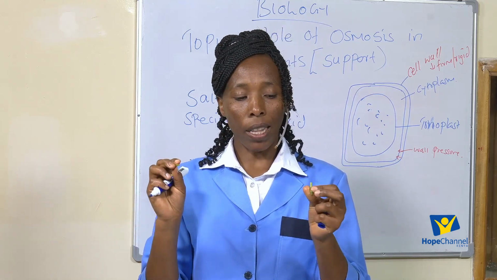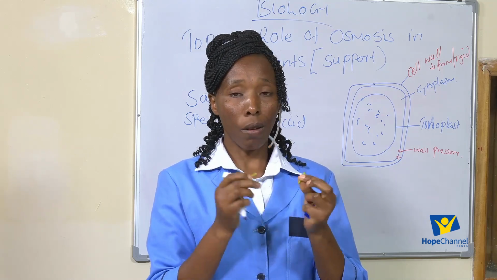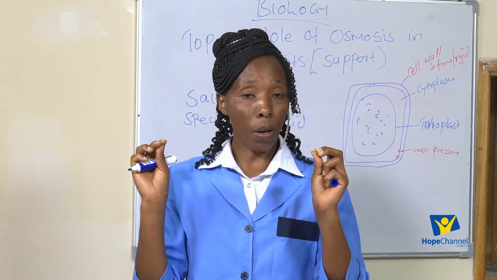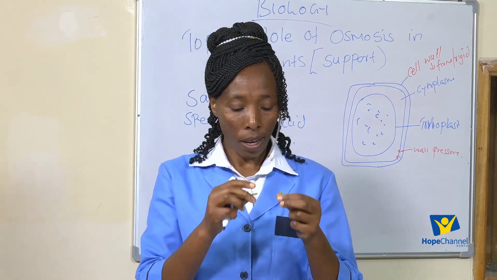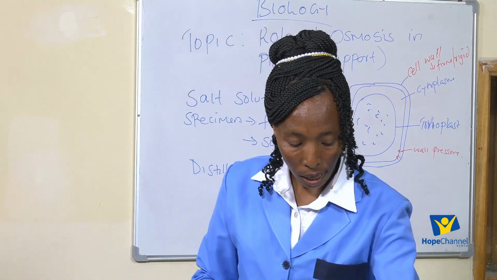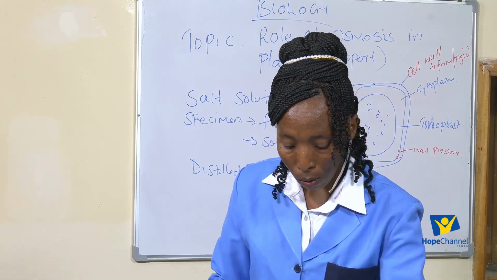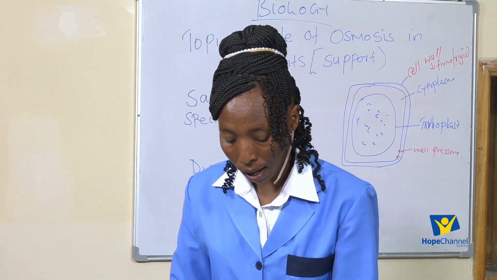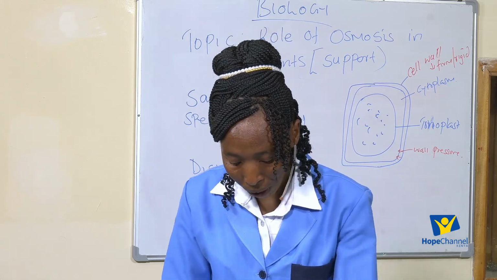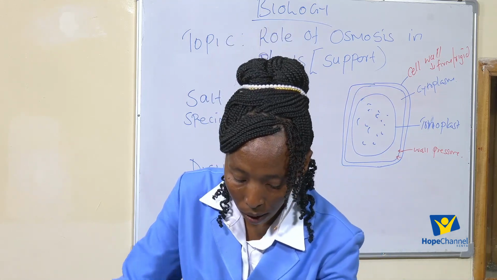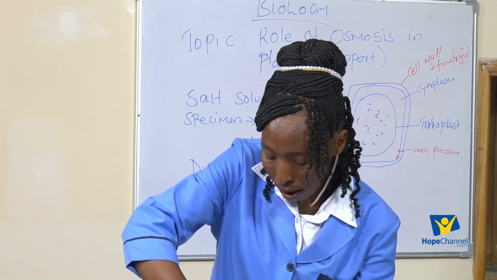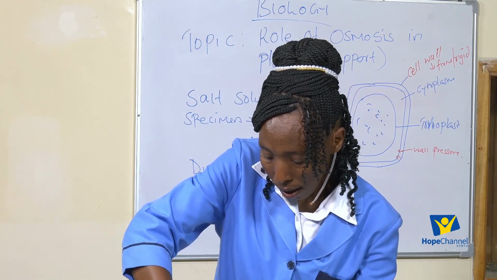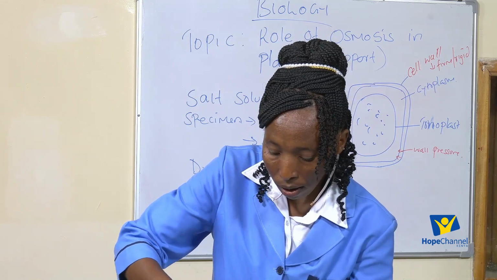And bearing in mind that these petioles are covered by the epidermis and the cuticle, remember we have the part where the cells are open, the inner cells are exposed. So those are the two specimens that were in the salt solution. I want to pick the others that were in distilled water, so we'll get the ones that are in distilled water.